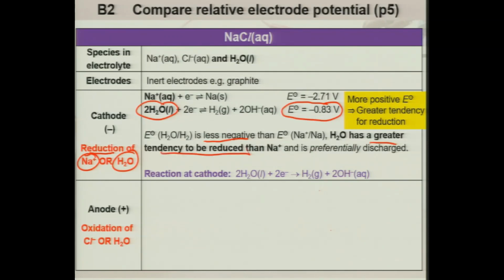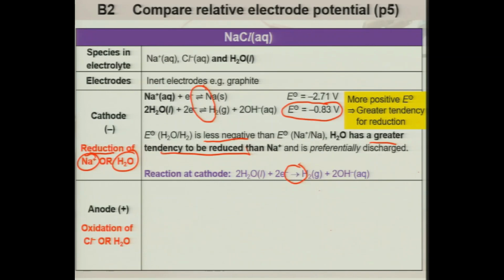Another thing I want you to take note of: when I quote the equation from the data booklet, I quote it as I see it, and all the data given to you involve equilibrium arrows, right? But look at what happened at the bottom here. I've already decided what's going to happen.